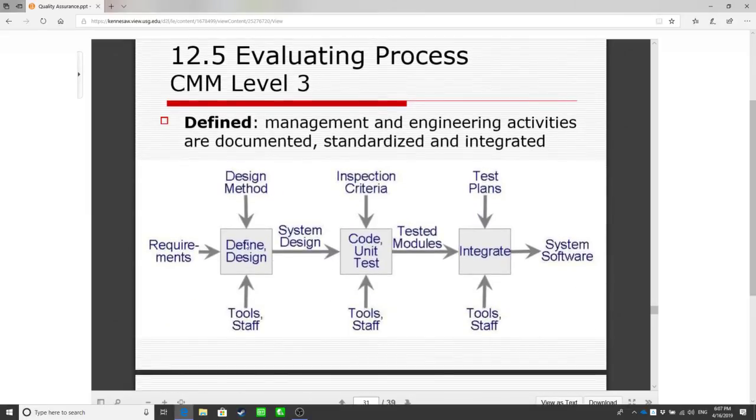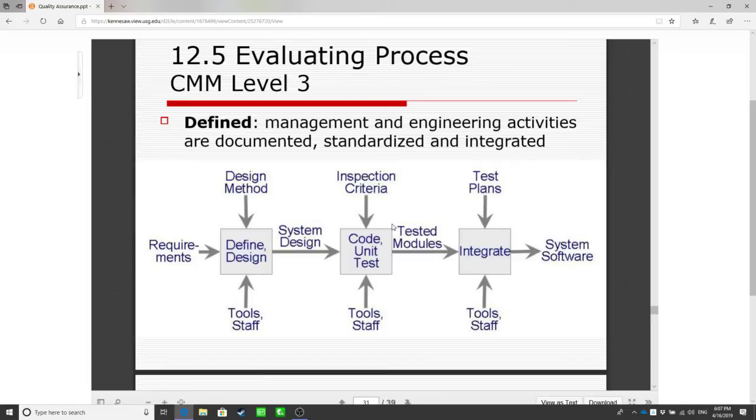This is the CMM3. We have requirements go to the design stage, define the design, and with a design method defined, and tools, staff, resources available to us, what we generate is the system design. The system design is the input of the code and testing, and the tested modules are the output of the code testing process and the input of the integration process.